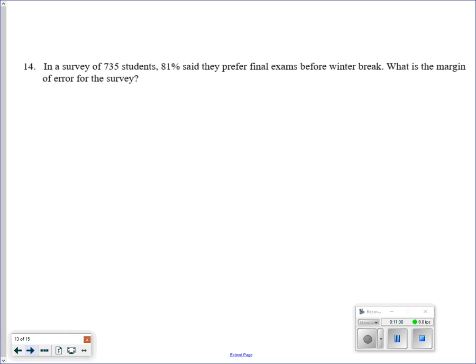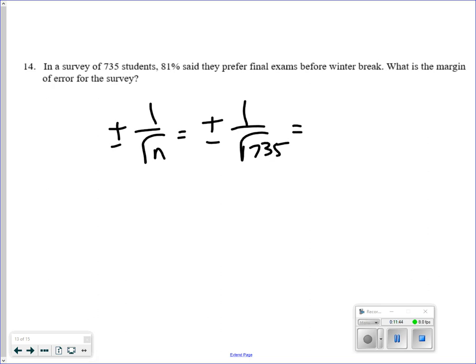In a survey of 735 students, 81% said they prefer final exams before winter break. What is the margin of error? Again, this formula will be given to you. So plus or minus 1 over the square root of 735, which means that roughly plus or minus 3.7%.